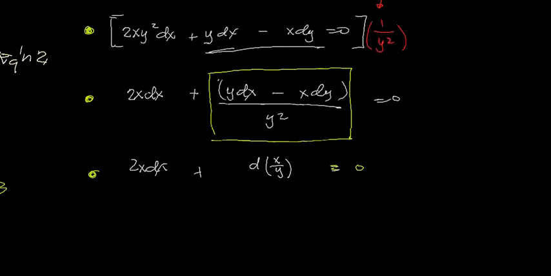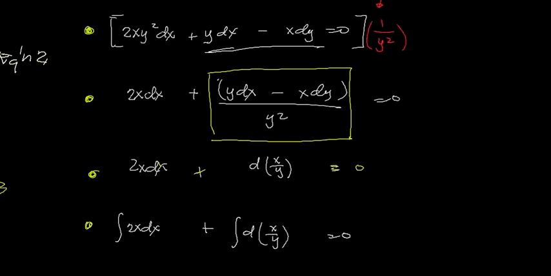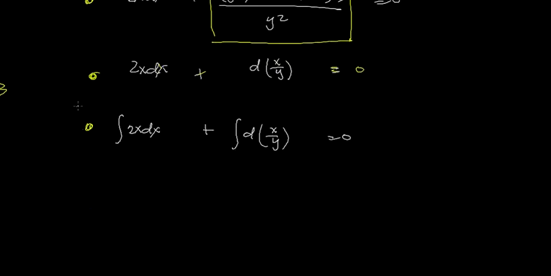By analyzing our equation, we can say that both terms are now integrable. So we can now proceed to integration. We have the integral of 2x dx plus the integral of d of x over y is equal to the integral of 0.